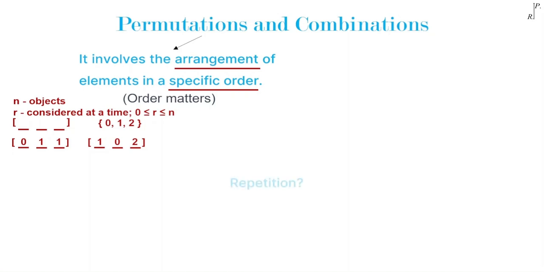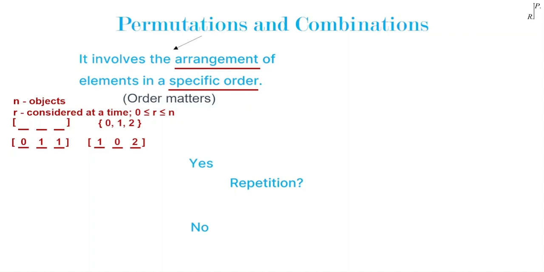Let's talk about repetitions of these digits now. Are repetitions allowed or not? Consider that we can use one digit more than once for creating our lock pattern. Therefore, the repetitions are possible if desired.